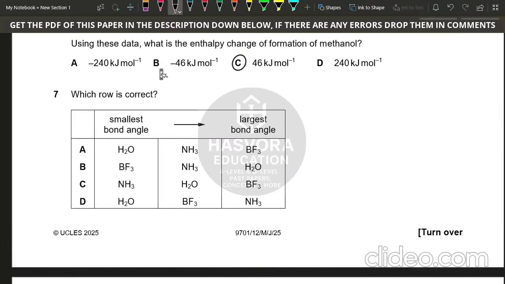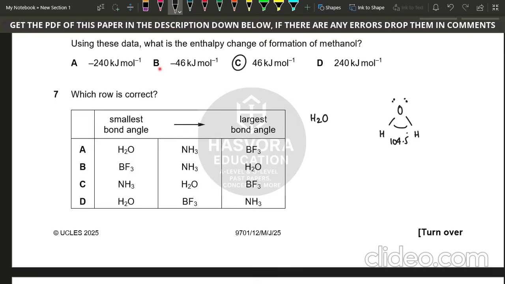Question number 7, which says which row is correct. We have to arrange this from the smallest bond angle to the largest bond angle. For each of them you should know the bond angle. For H2O, we have oxygen that is bonded to 2 H atoms, and it has two lone pairs. If there are two lone pairs, there is a bond angle of 104.5 degrees.